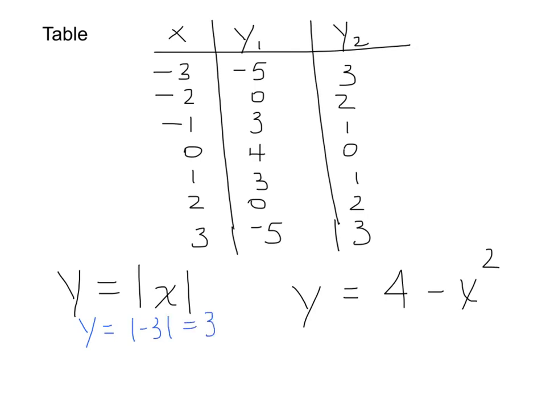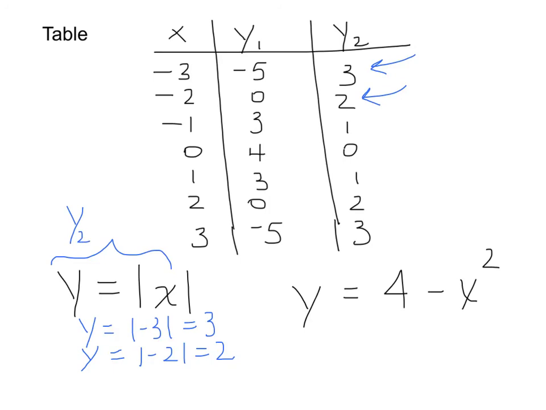So you know it can't be y1, it would have to be this one. When x is -2, we should get 2. So that's still that one. And if you keep going, you'll realize that this equation represents the column y2.